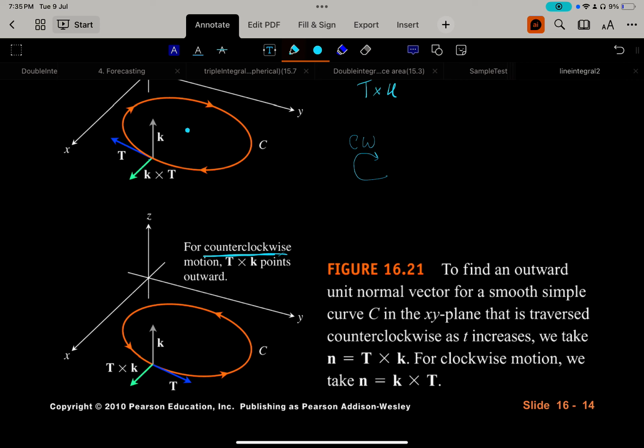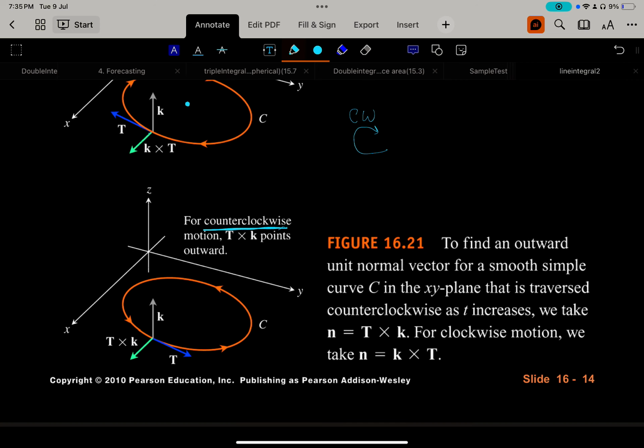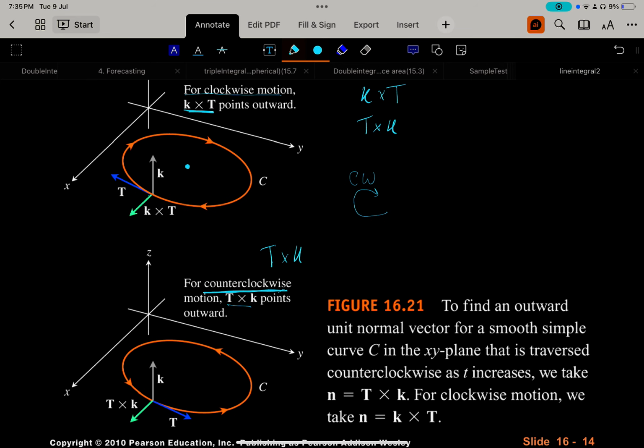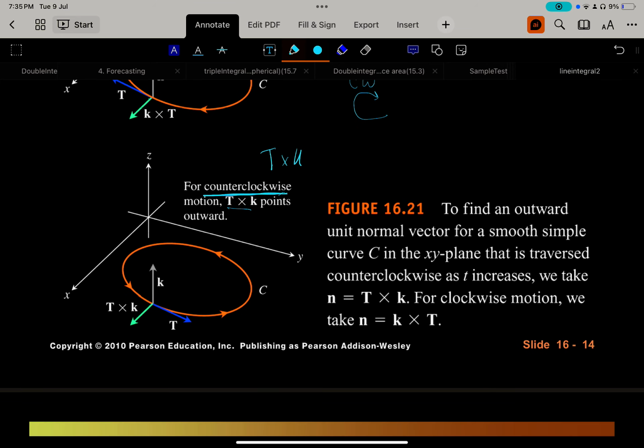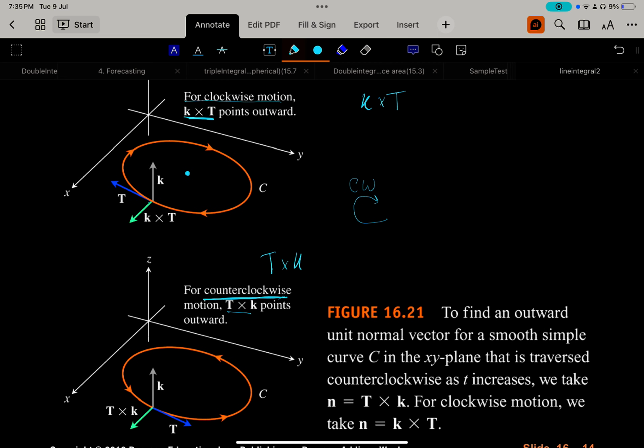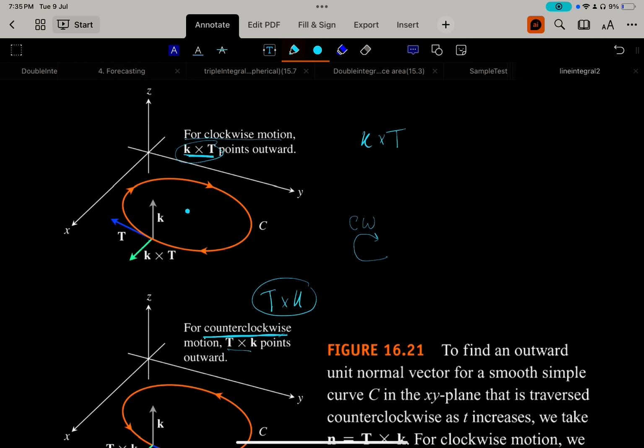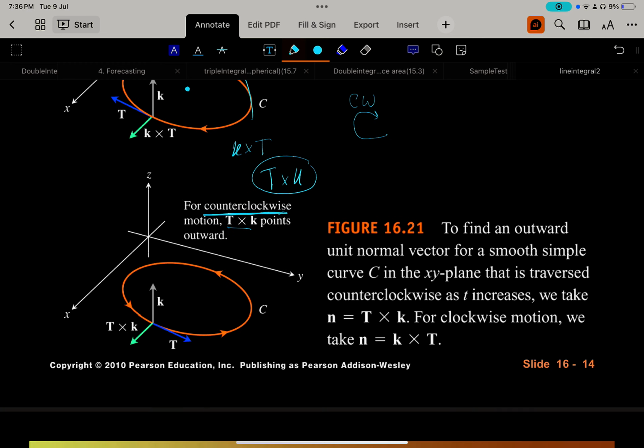And so now, if we take counterclockwise, the product is T cross k, not k cross T. Our first example is k cross T. Now T cross k gives us a vector pointing the opposite way because we reverse the order of the cross product.